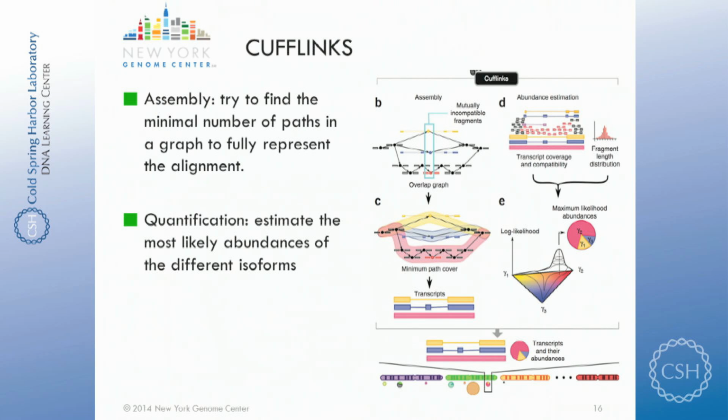The other thing that Cufflinks is trying to do is to estimate the abundance of the transcripts, and so here the idea is really, based on the alignment, what's the most likely abundance for each of the transcripts. So for that, you need to know the transcripts.